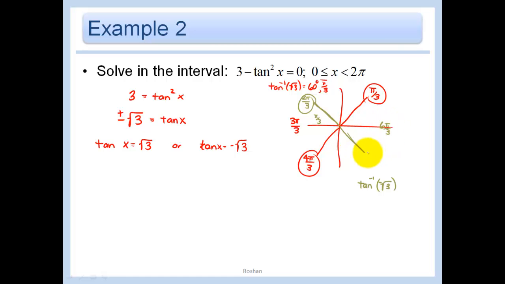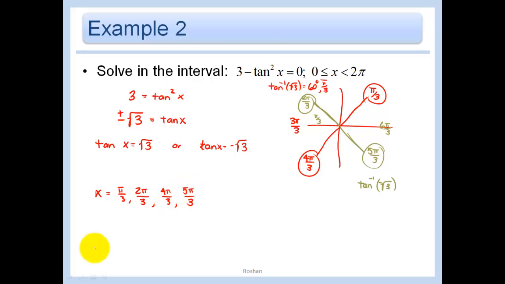So fall pi over 3 short, that leaves us at 5 pi over 3. So this question's being really nice. They're just asking us for answers within 0 to 2 pi. So I don't even need to do that plus pi k thing because I only want one time around. So x just equals all those things I circled. Pi over 3, 2 pi over 3, 4 pi over 3, and 5 pi over 3.